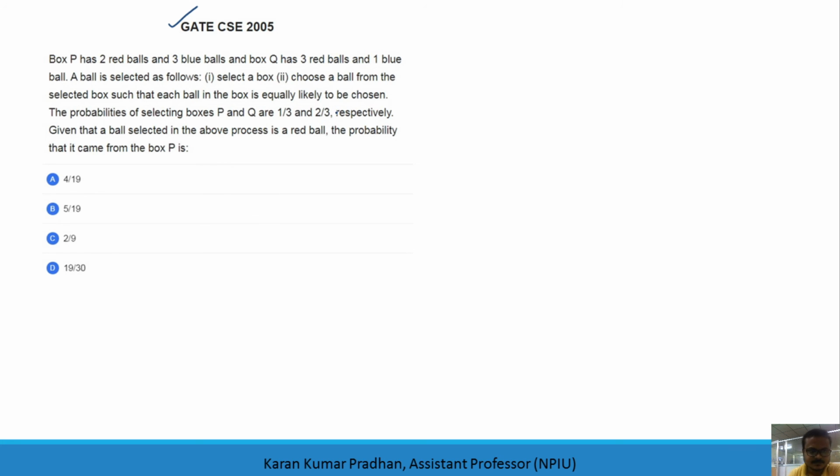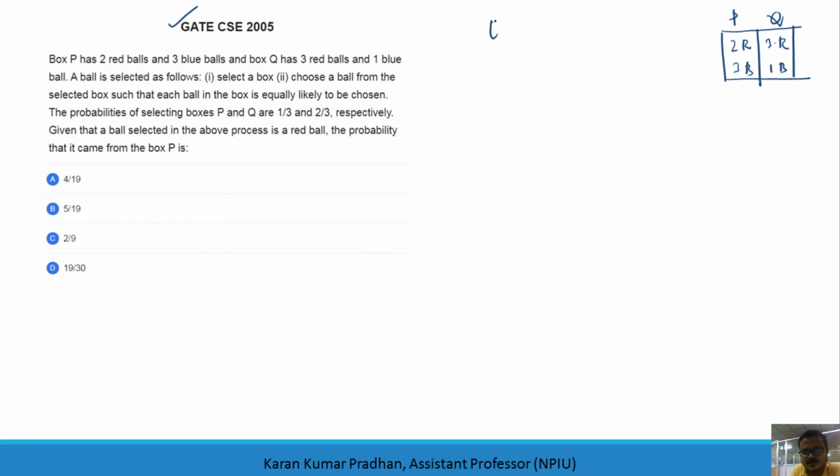Okay, so let us say you have 2 boxes, P and Q. Here you have 2 red balls and 3 blue balls, whereas here you have 3 red balls and 1 blue ball. So selecting a box will give you the prior probabilities, right?